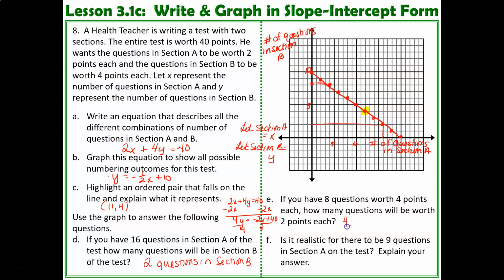So there'll be 4 questions. Is it realistic for there to be 9 questions in section A? No, because you'd have 5.5 questions in section B, and you can't have half a question.